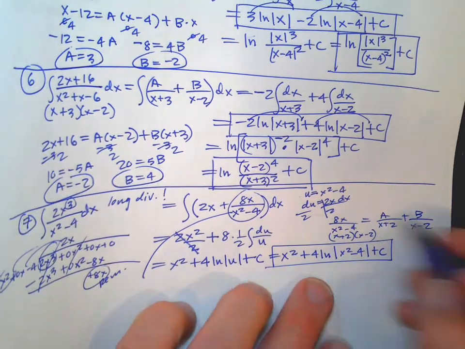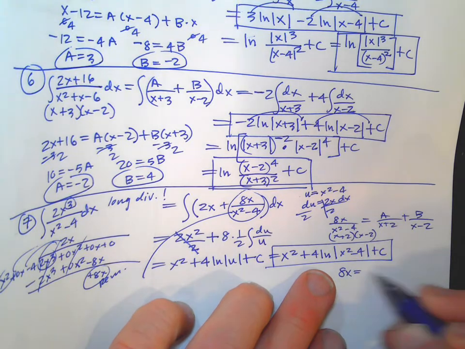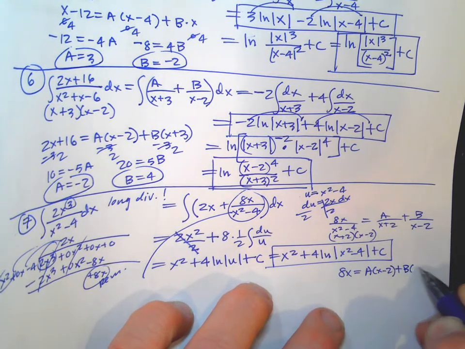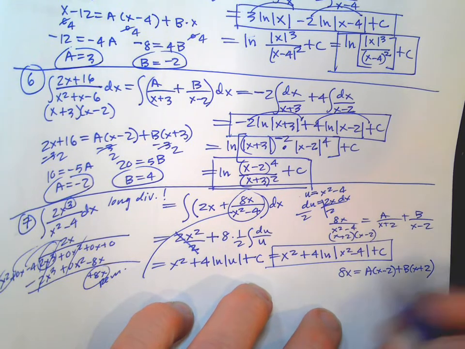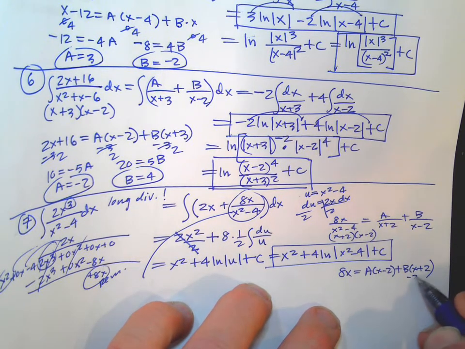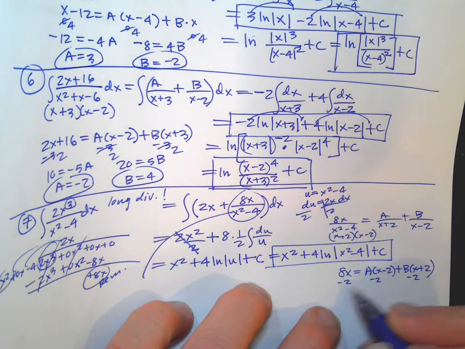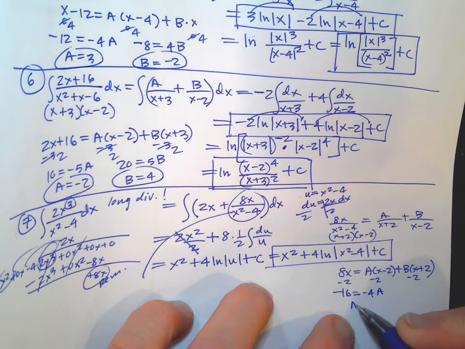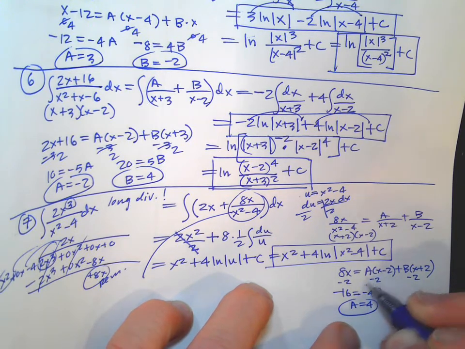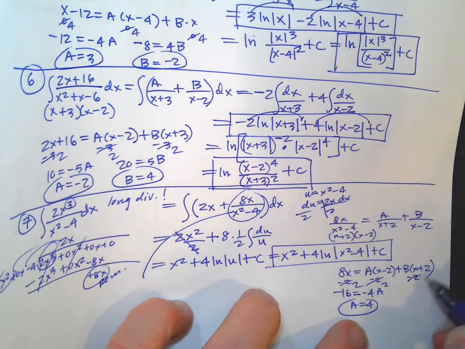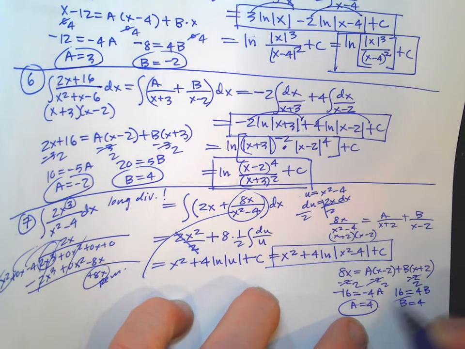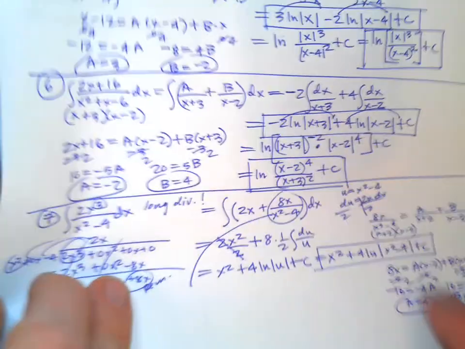If you multiply through by the least common denominator, we get 8x equals A(x minus 2) plus B(x plus 2). Plug in negative 2 everywhere: negative 16 equals negative 4A, so A equals positive 4. Plug in 2 everywhere: we get 16 equals 4B, so B equals positive 4.